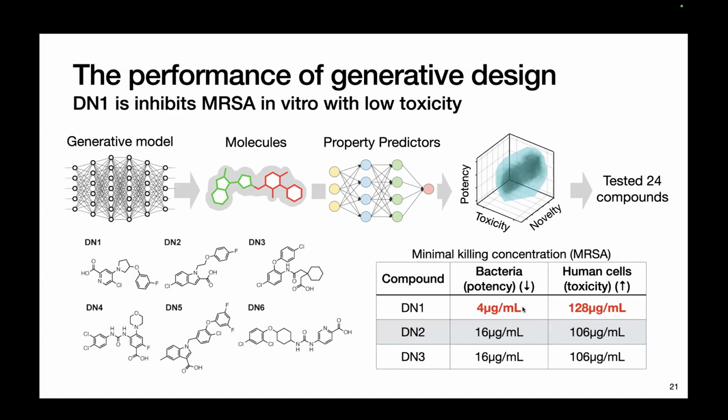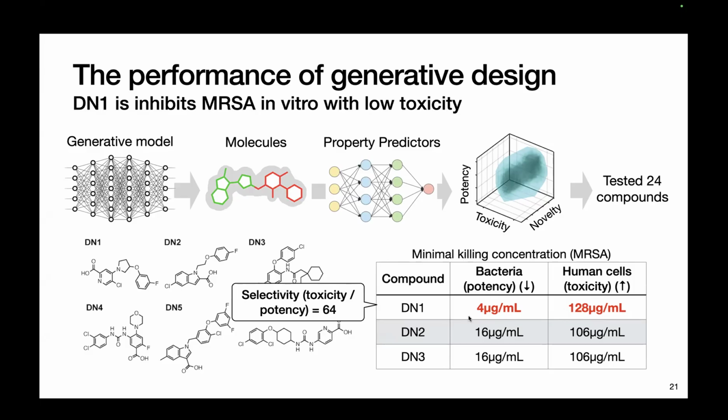You can see that the top compound, DN1, achieved single digit potency, and of course the selectivity is good, right? Selectivity is about 64 again. So this compound is safe and it's effective against this bacteria, MRSA, right?